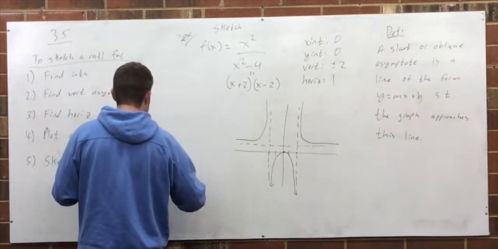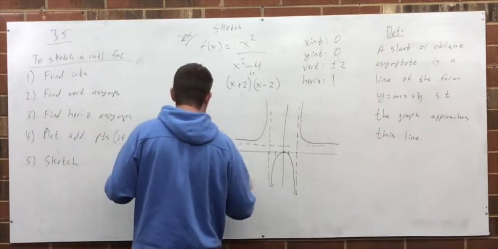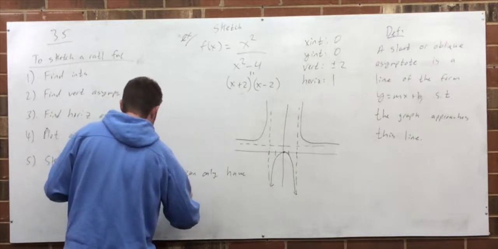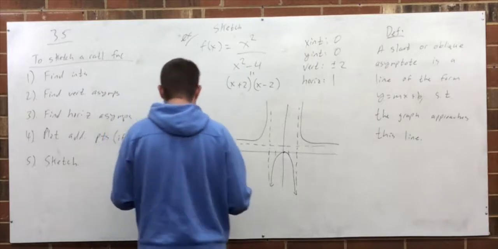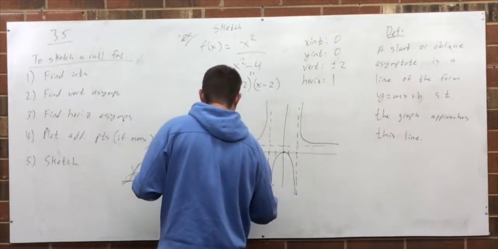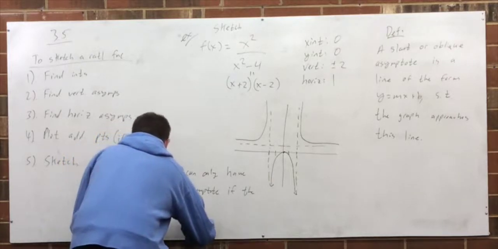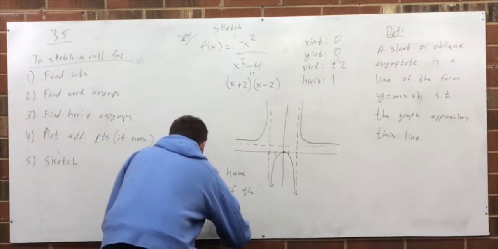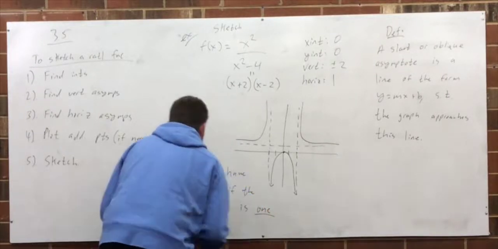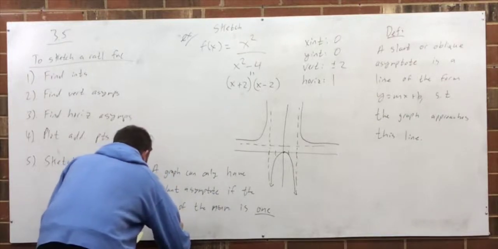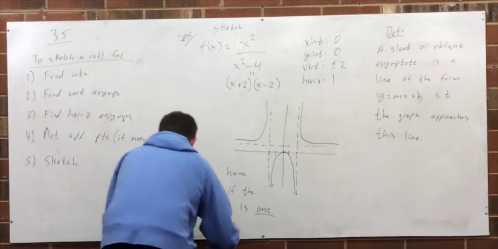A graph can only have a slant asymptote if the degree of the numerator is 1 greater than that of the denominator.